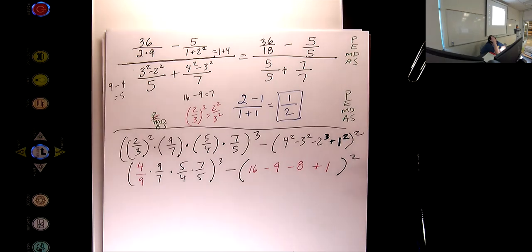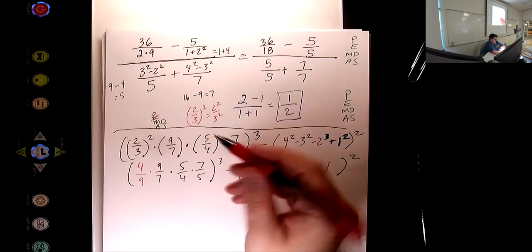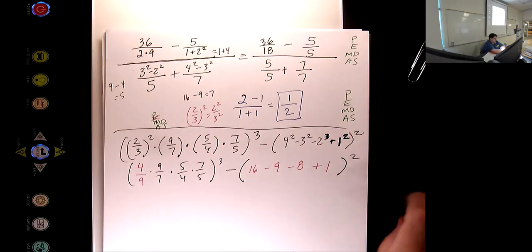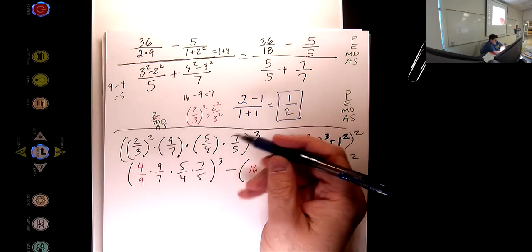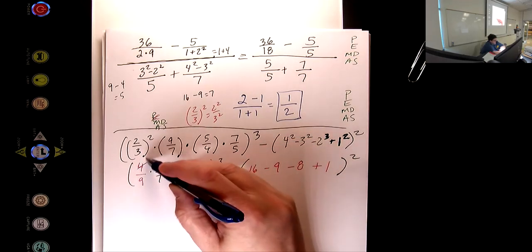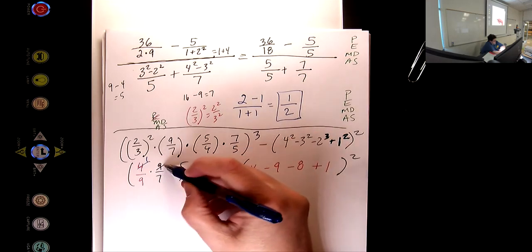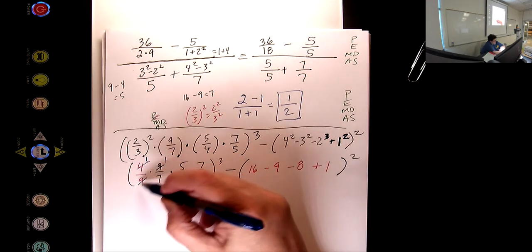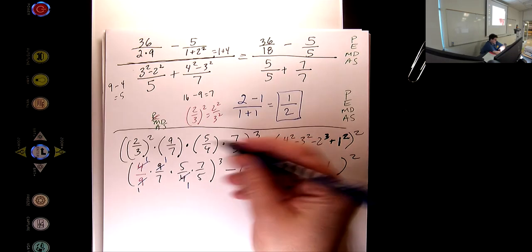Now, multiplying with fractions, when they are all multiplied together, as long as there's no addition or subtraction between them, we can cancel out what appears on top and bottom. So I see a 4 here, I can cancel that 4 out with that one. And I see a 9 here, I can cancel that 9 out with that one, making sure I leave a 1 each time.